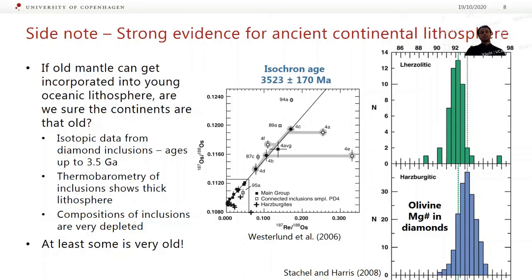And then from the thermobarometry of inclusions, we can also see that the lithosphere was already quite thick and deep at that point. And the compositions of some of the inclusions are very depleted. So on the right is a plot of olivine magnesium number from lherzolitic and harzburgitic inclusions in diamond. So at least some of the continental lithosphere is old, and at least some of it was thick and deep back in the Archean.